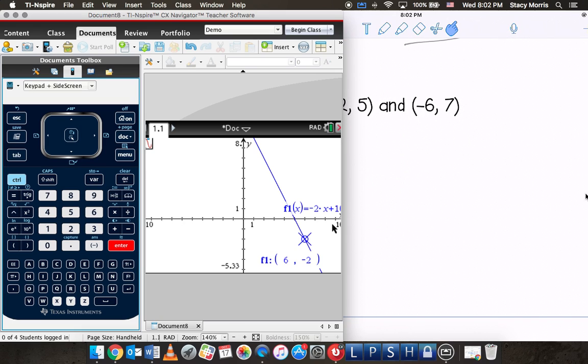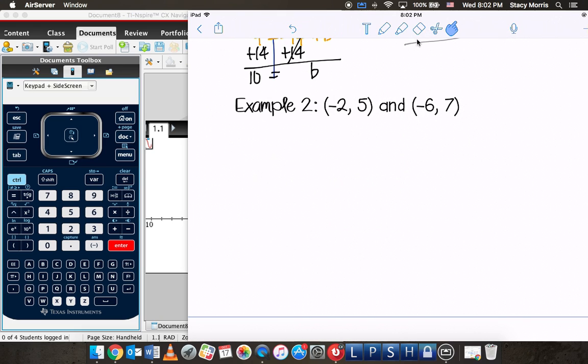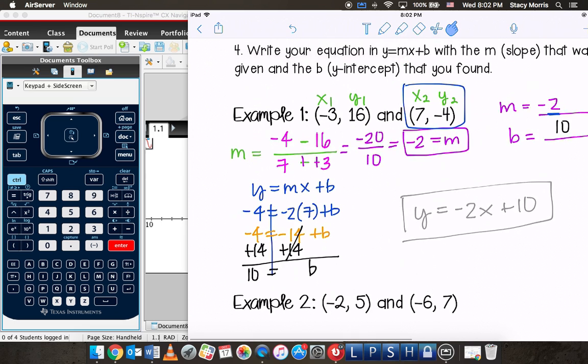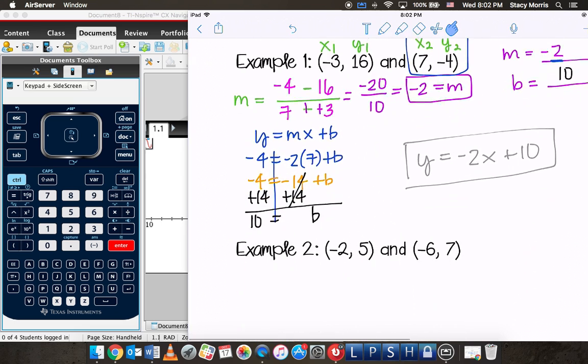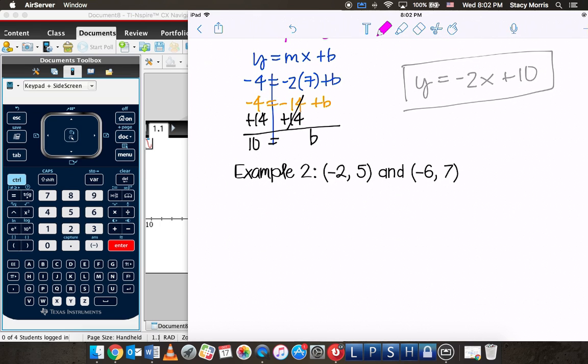So same thing, we are finding the equation from 2 points. So all right, I go back to my steps. First step is to find the slope using the slope formula. So I'm going to first label these x1, y1, x2, y2. My slope formula is m equals, I'm going to draw my fraction bar and put my subtract signs.